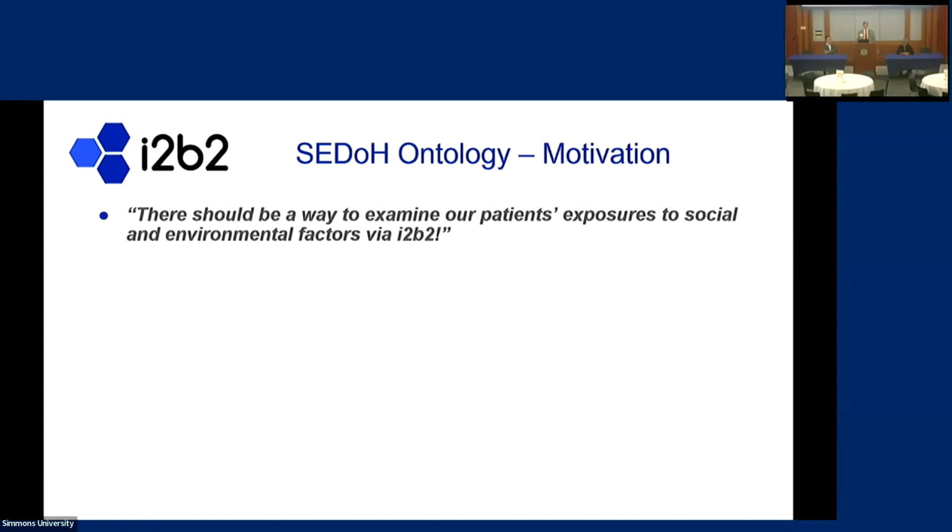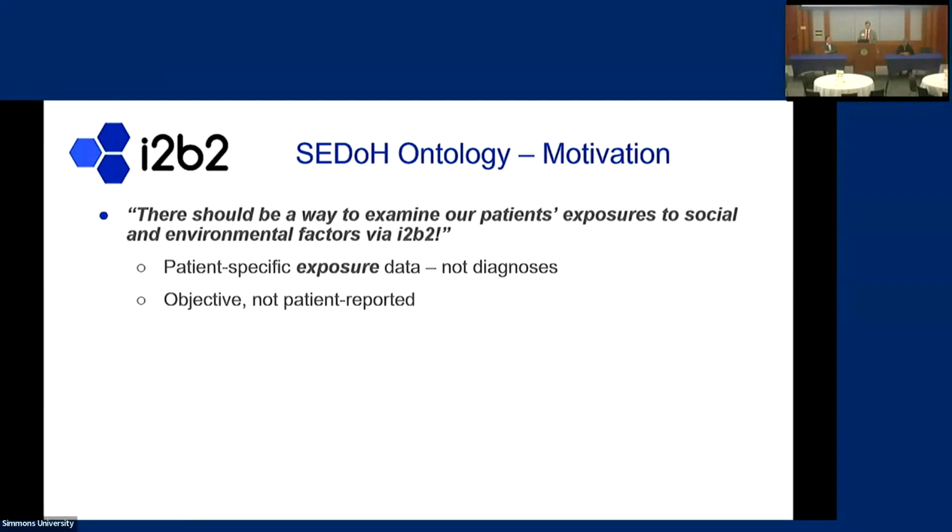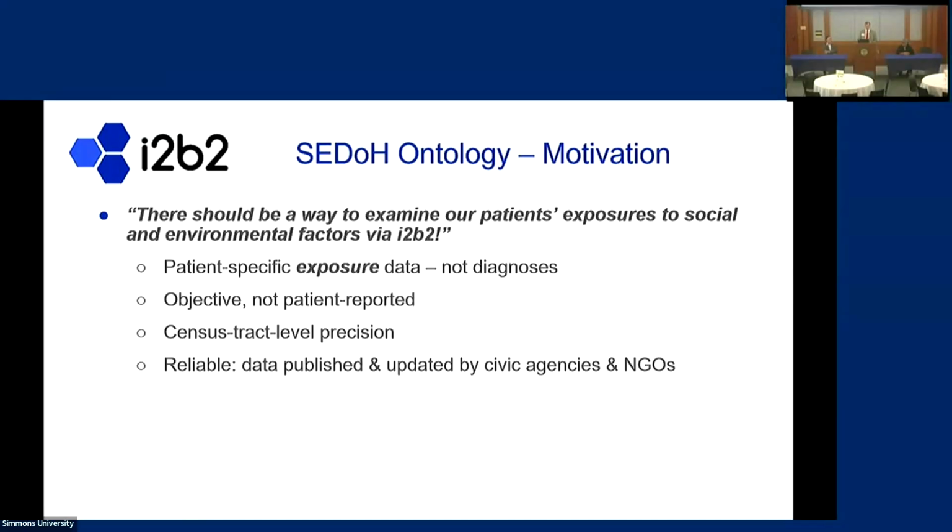So the motivation for this was that there should be some way to examine our patients' exposures to social and environmental factors via I2B2. This is patient-specific exposure data. These are not diagnoses. This is not patient-reported. This is objective information. It's precise to a census tract level, and the data are reliable.